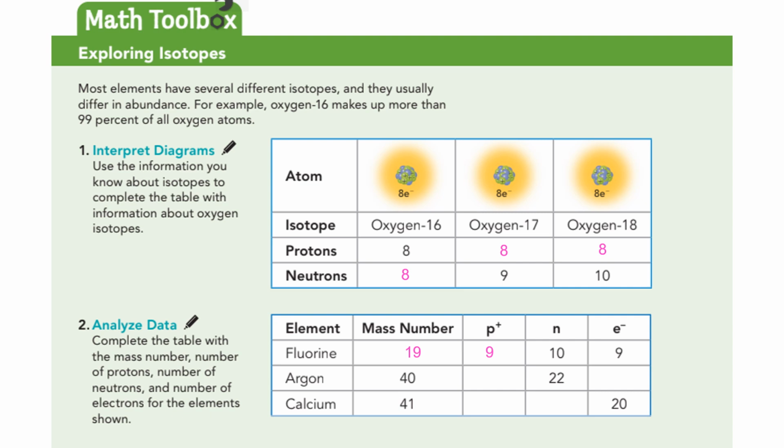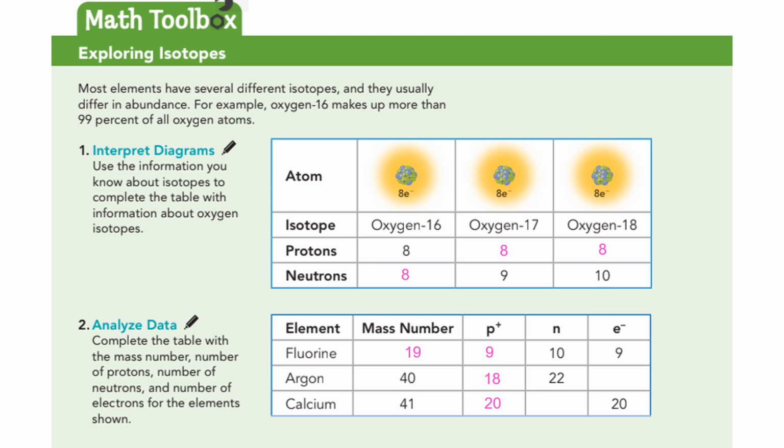Argon is 40. There are 22 neutrons. So if we take 40 minus 22, we are left with 18. 18 plus 22 equals 40. There are 18 protons, so we know there are 18 electrons. With calcium, we know there are 20 electrons, so there's also going to be 20 protons.